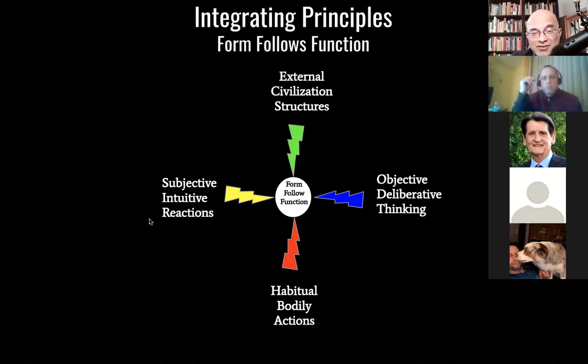And so if you have these intuitions and reactions like that, you need to engage the deliberative faculty to fix that. Similarly, you can be taking good action and there can be something wrong with the external structures. And you have to be able to integrate that. So you need to have a view of life itself and opinions about how these things ought to function together.